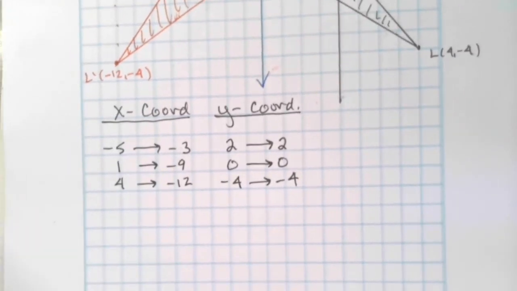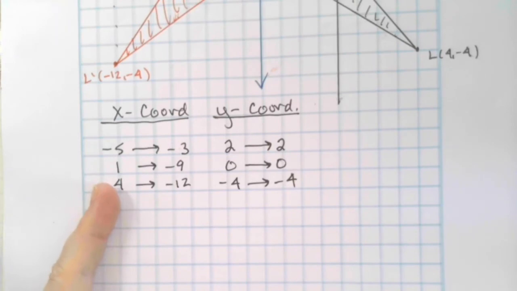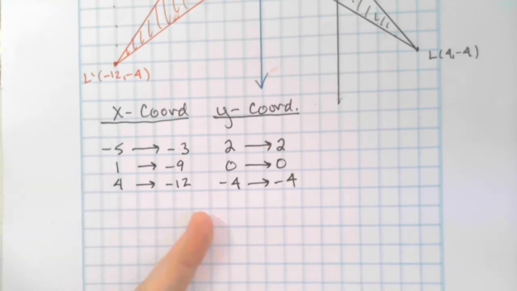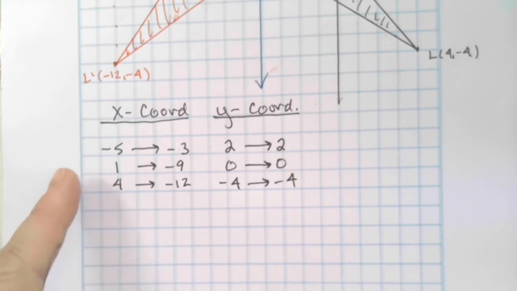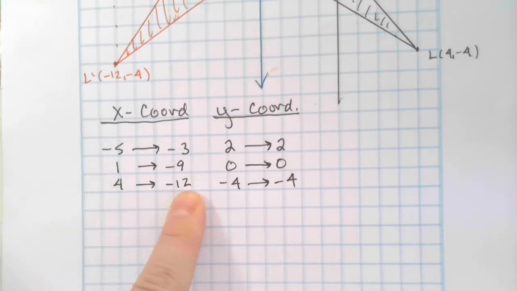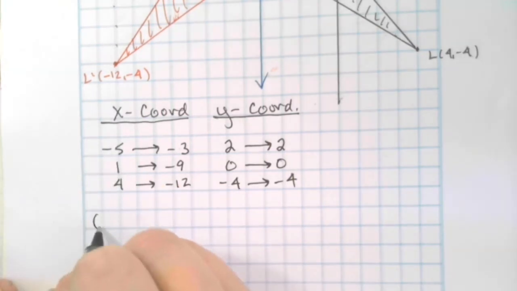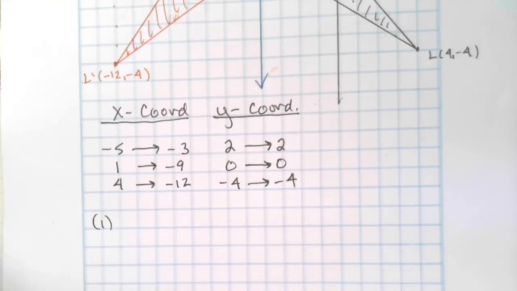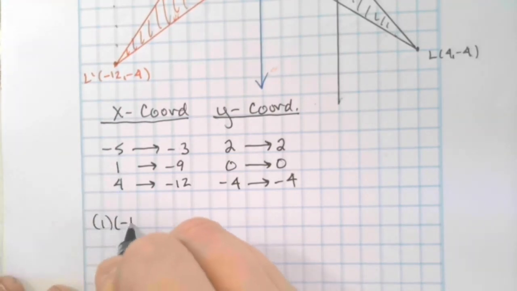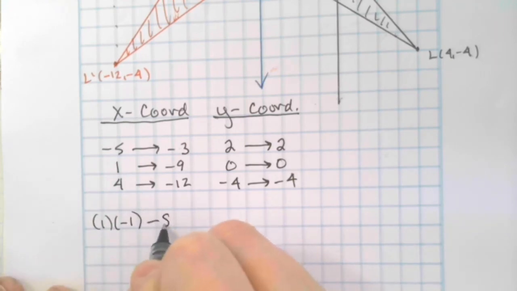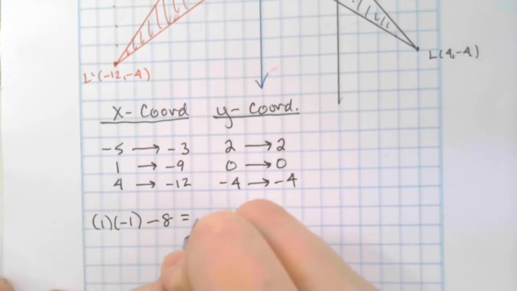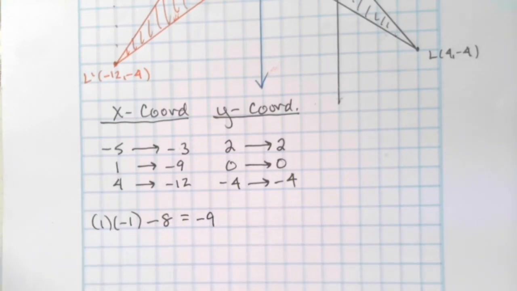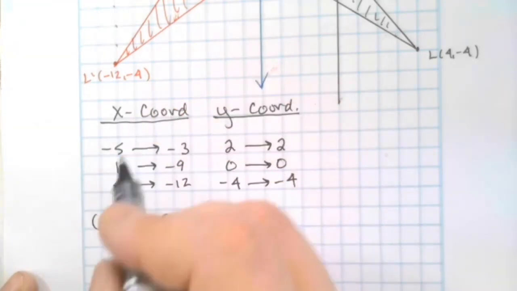So now is the time when you guess and check to see what you can do to the original x coordinate to get the new one. Okay. Well, I want to go from a 1 to a -9. So if I take 1 and I multiply it by -1 and subtract 8, that's going to get me to a -9. You kind of have to play around with this. What do you multiply it by? What do you add or subtract? Let's test it out with the -5.